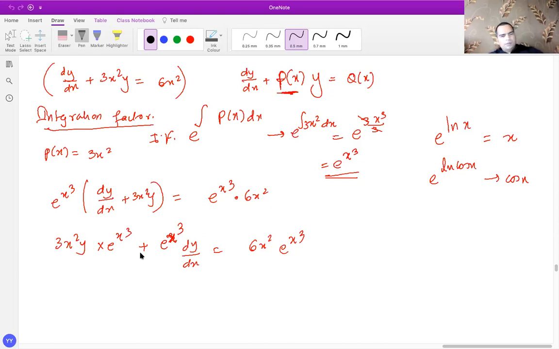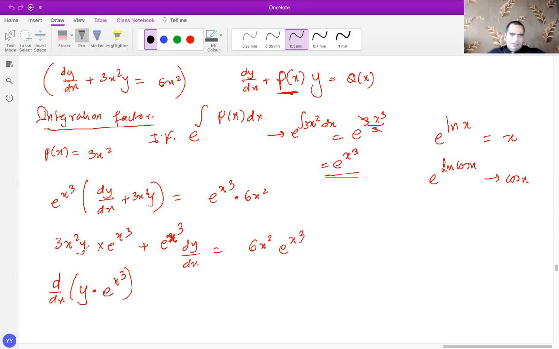And while doing so, what you notice is that there is a product rule here. What is this the derivative of? If you minutely observe, this is nothing but the derivative of y times e to the power x cube.